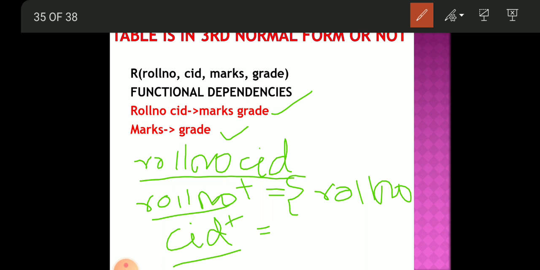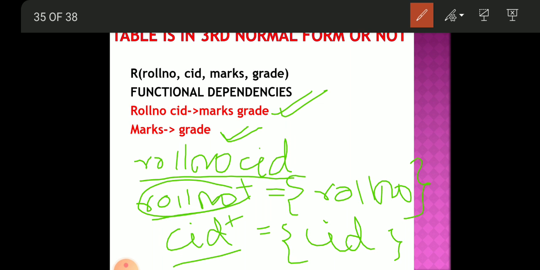Similarly, with CID we can only get CID. So neither roll number alone nor CID alone is a super key.